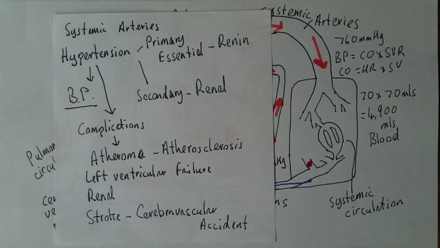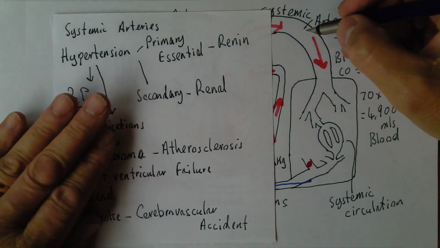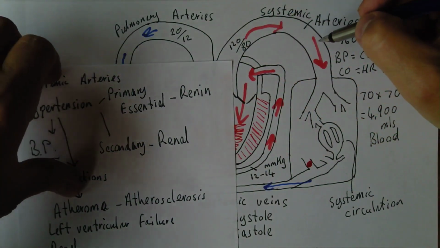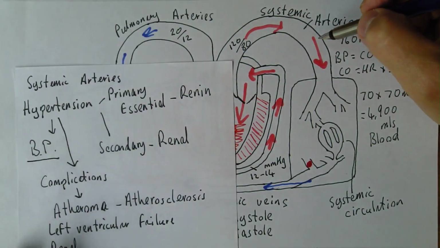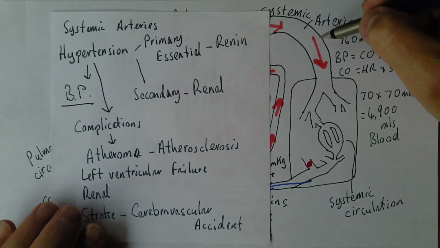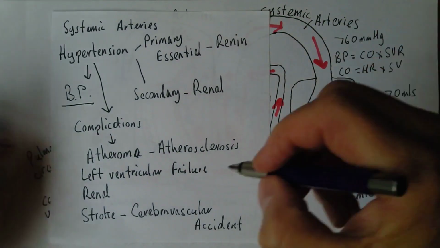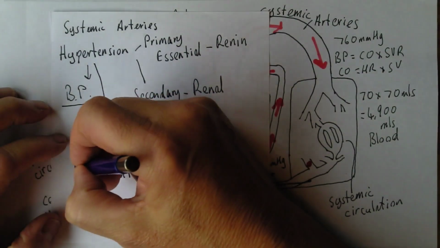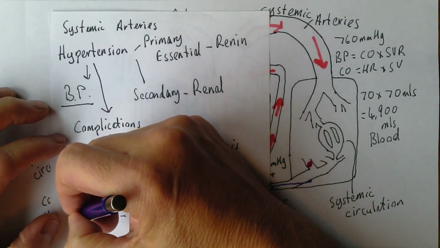Cerebrovascular accident, one of the primary causes of that is hypertension. So very important that the pressure in the systemic arteries does not become too high, so the person does not become hypertensive and therefore will not suffer the complications, of which we've just sketched out a few here.